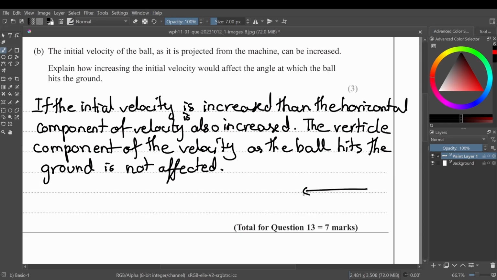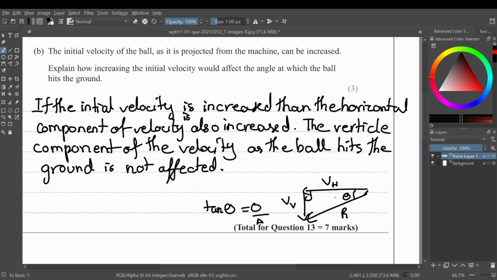Like this was our vector diagram from before. And this was our angle, this was our right angle, and resultant, horizontal component of velocity and vertical component of velocity. So now you can either use the formula to explain it, which is tan theta equals opposite over adjacent.